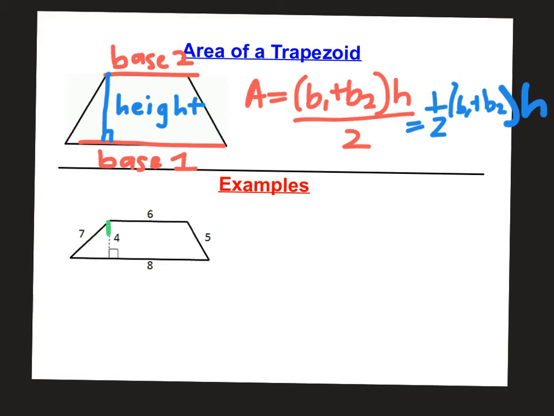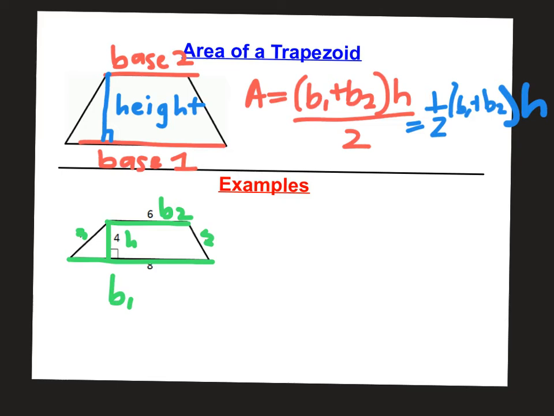So notice that we have the height on the inside, which is 4, so that's going to be my H value. Now, we have these slanty sides. Those ones we don't actually need, so if you want, you can cross those out. We don't need those lengths, but we do need this one. Let's say 8 is base 1, and 6 could be base 2. Now, you can flip-flop this, so I could say 8 is base 2 and 6 is base 1.